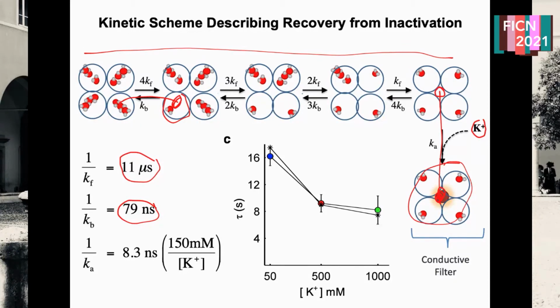And if you just simulate this simple Markov model with these fairly reasonable relaxation times, the binding of the ion is actually happening over 10 nanoseconds at 150 millimolar. And you can see that the recovery time will change from about 8 seconds to 16 seconds. The colored dots are from the simulation of this Markov model, and the stars are from experimental data done in the lab of Eduardo Perozo. So clearly, you can account for the long time just based on this kinetic model.